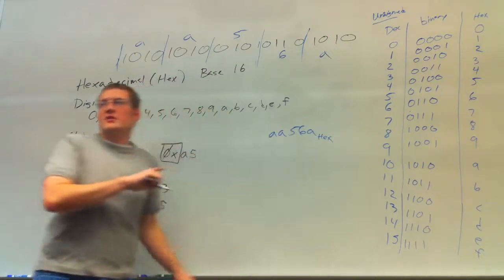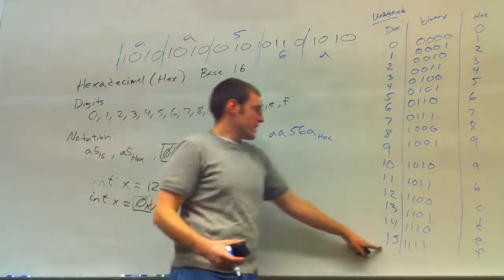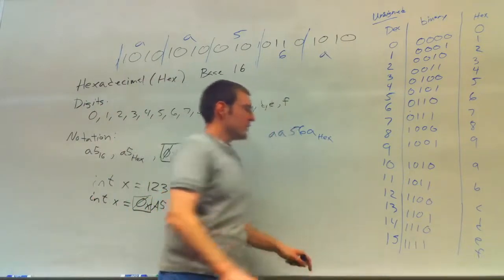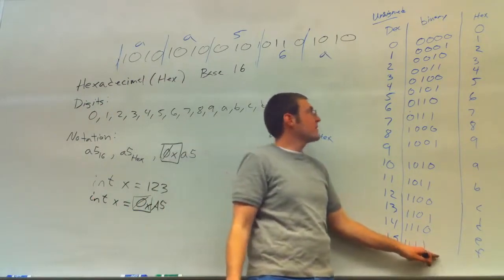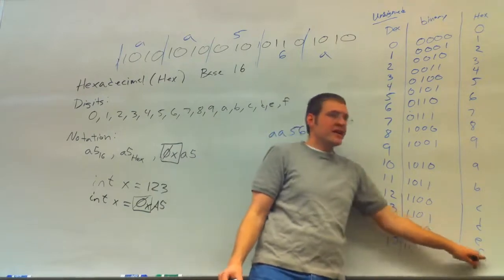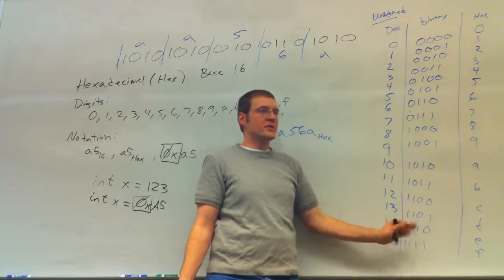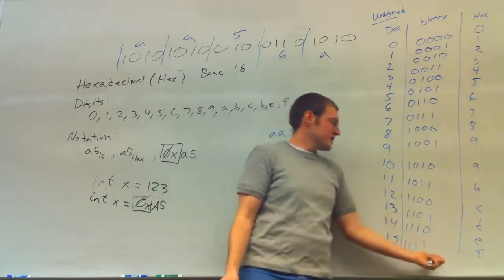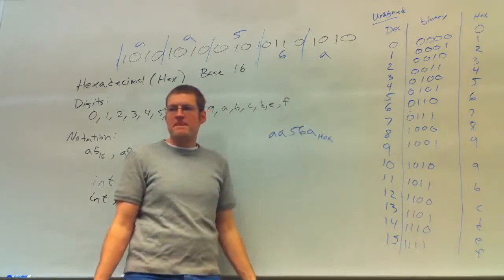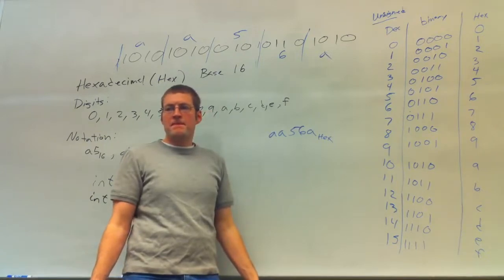So is everyone clear on this? This is the conversion from binary to hex, or hex to binary. I build this table every time. It's the simplest way to convert hex to binary. So is the main purpose of hexadecimal getting from a big binary number to something shorter?